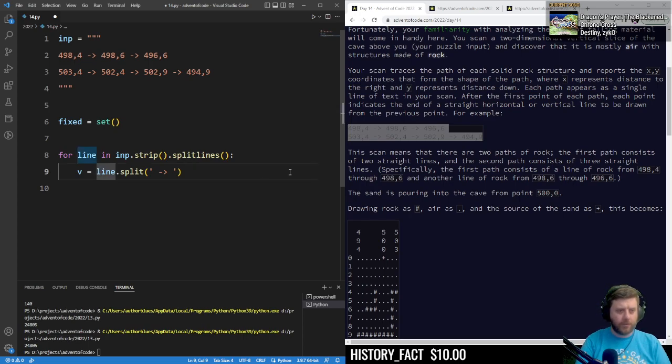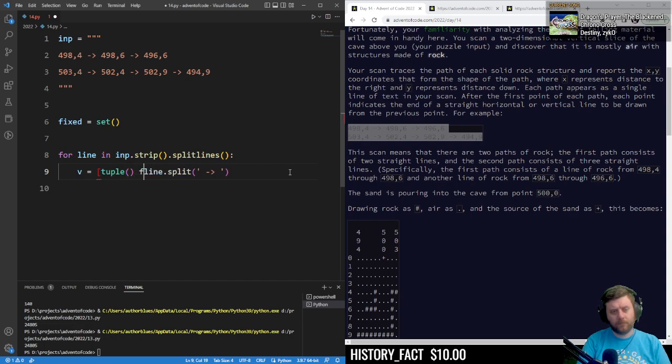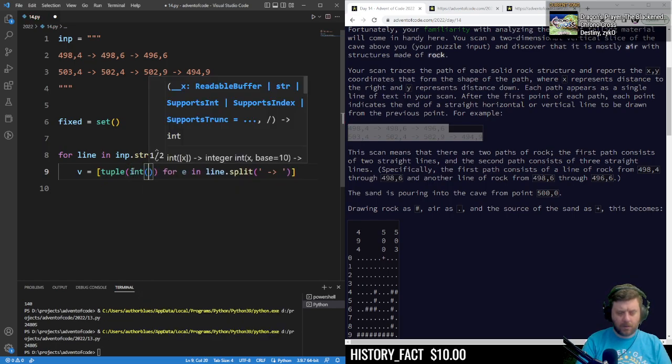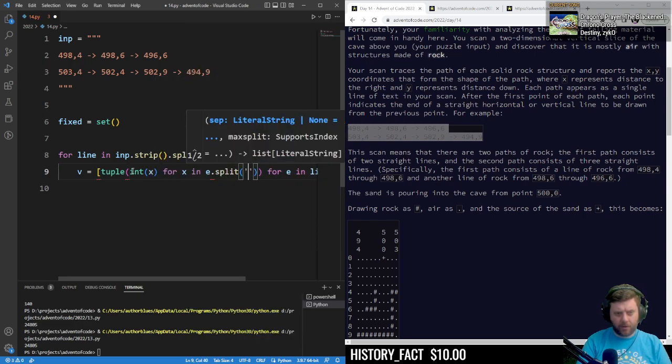And then for each one of those, I want to get the tuple result of int x for x in e dot split on the comma.